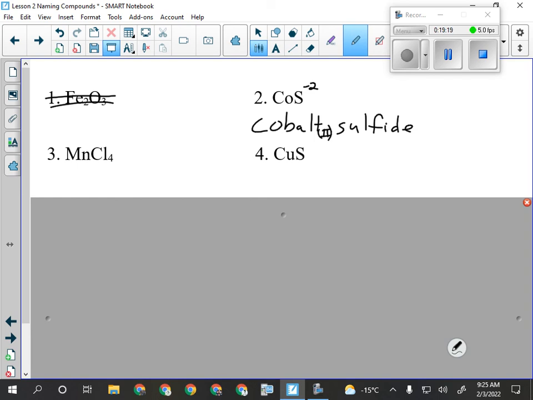All right, for number 3, we've got Mn, which is manganese, and we've got chlorine. So this is going to be manganese, something, chloride. What's the charge on chlorine? -1. How many chlorines are there? 4.